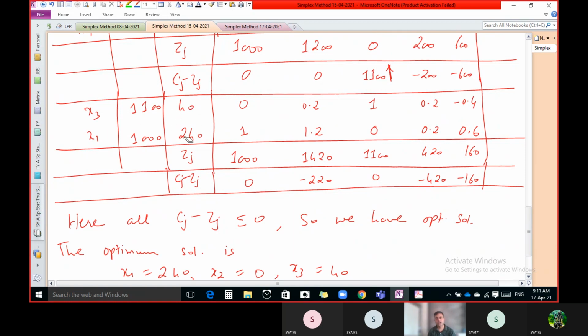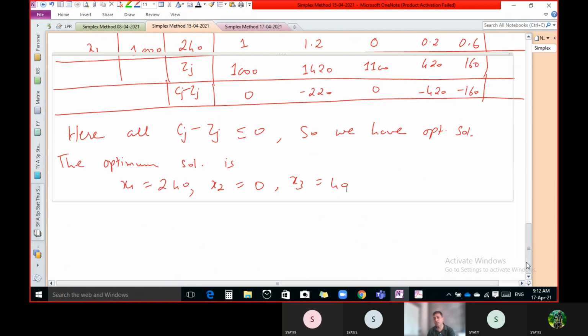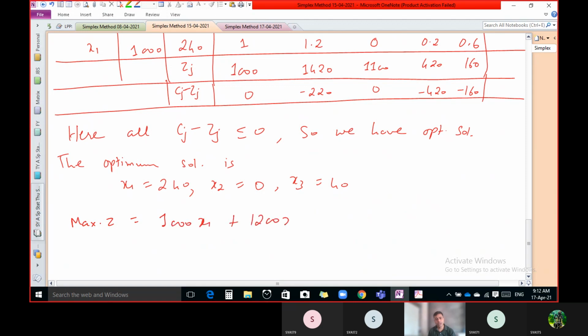Here this is the solution for these variables, and these are the coefficients of the objective function. Okay, now you have to rewrite your original objective function. Our maximize z was 1000x1 plus 1200x2 plus 1100x3. In that, put the values: 1000 into 240, 1200 into 0 and 1100 into 40.